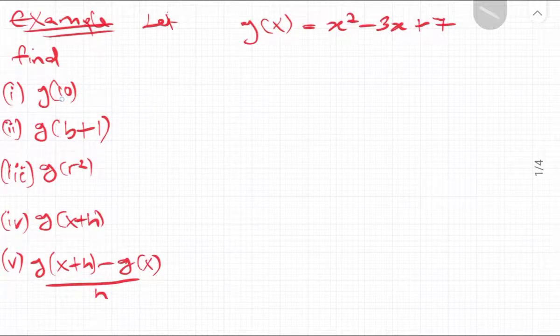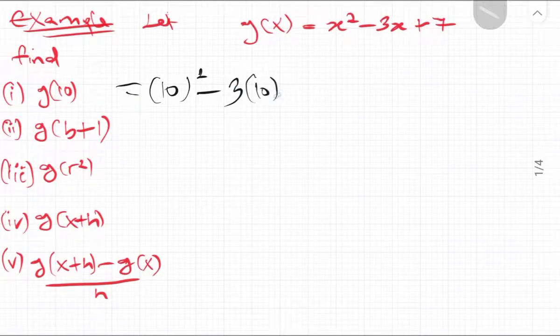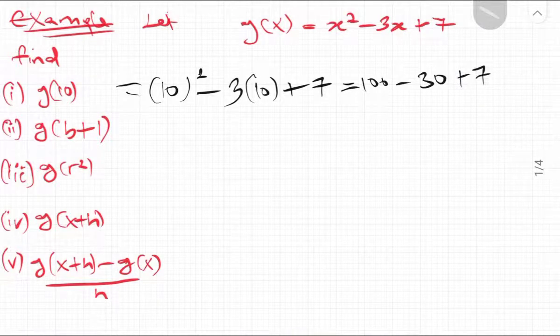Let's evaluate g of 10. So g of 10 will be equal to x squared, which is 10 squared, minus 3 times x, which is 10, plus 7. 10 squared is 100. 3 times 10 is 30, plus 7.